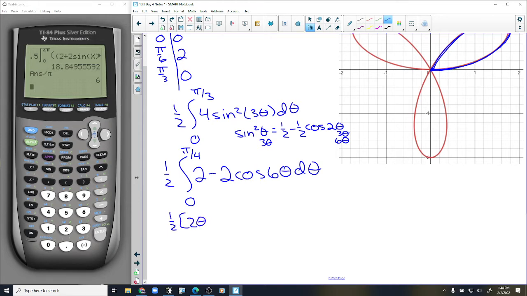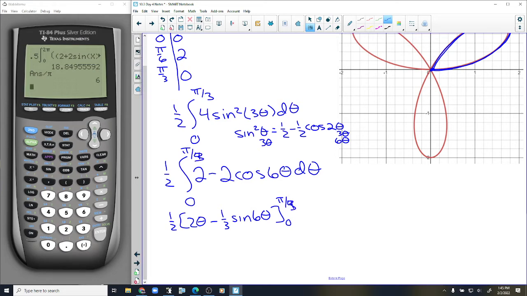So we integrate 2 theta minus 1/3 sine of 6 theta from 0 to pi over 3. Oh yeah, somehow I got it to be a 4. 3 here, 3 here, thank you.